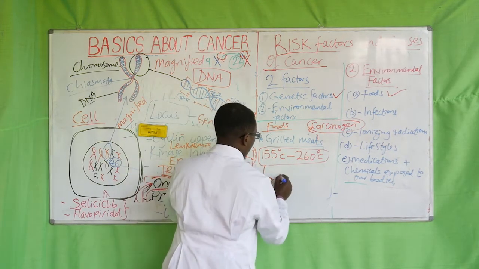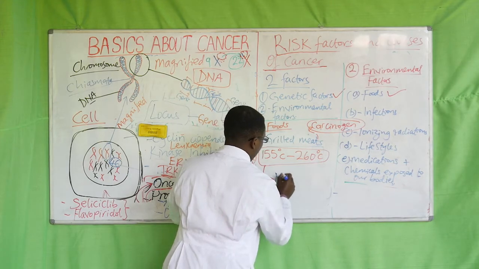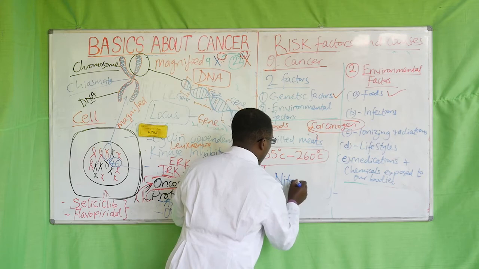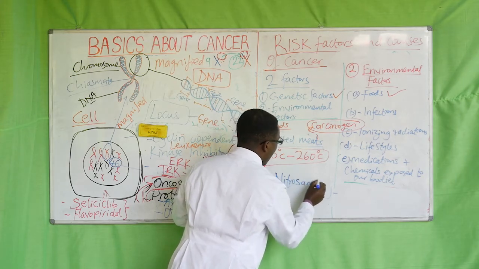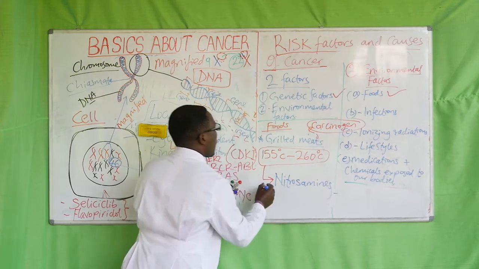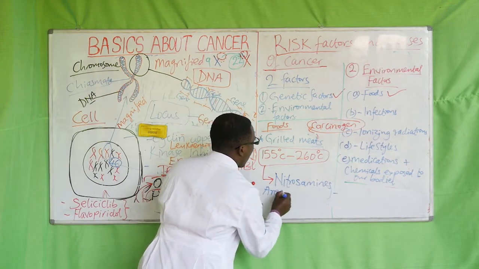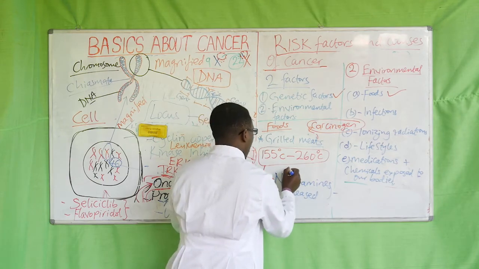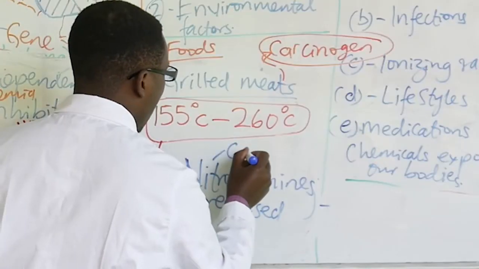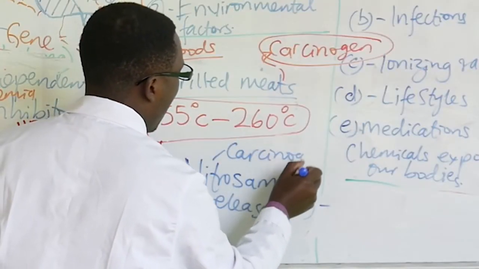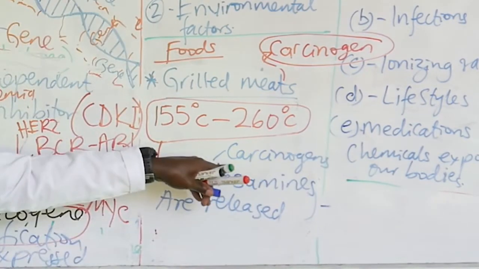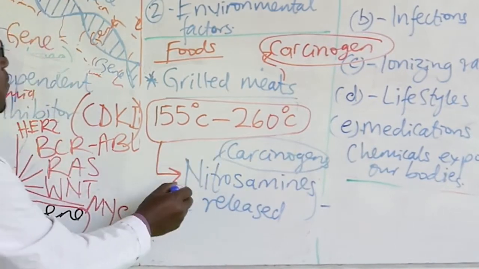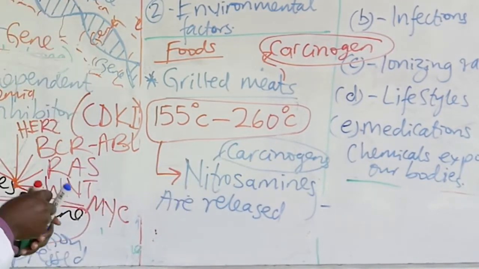Nitrosamines, or carcinogens, are released. Nitrosamines are carcinogens. So you can see carcinogens are released, and the name of these carcinogens is nitrosamines.